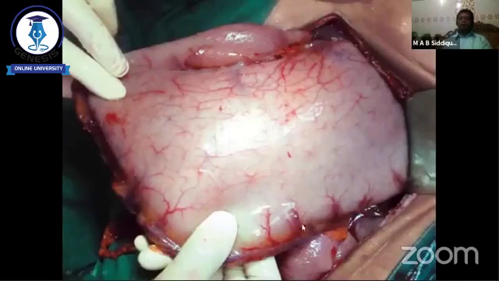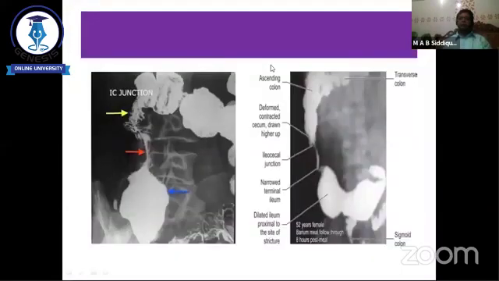This is another picture of a hugely distended stomach of pyloric stenosis. I'll show you another contrast X-ray. If you look at this X-ray, what can we see? Sometimes we can give you a scenario: a patient, 30 years old male, having a history of pulmonary TB, now presents with features of subacute intestinal obstruction.